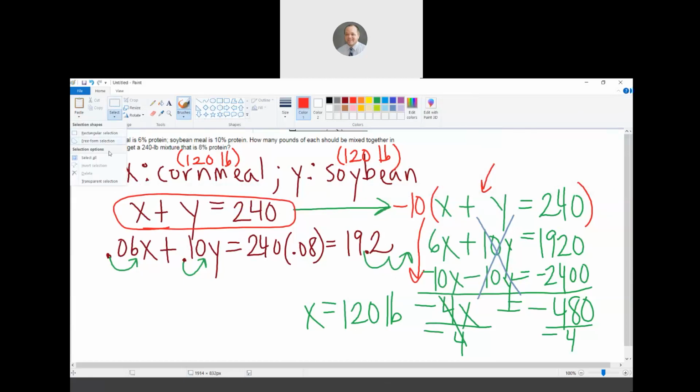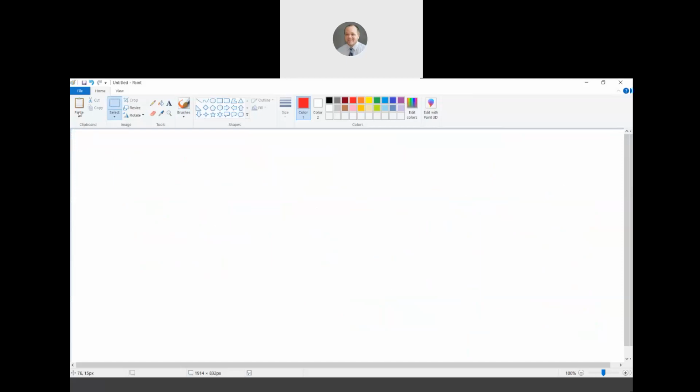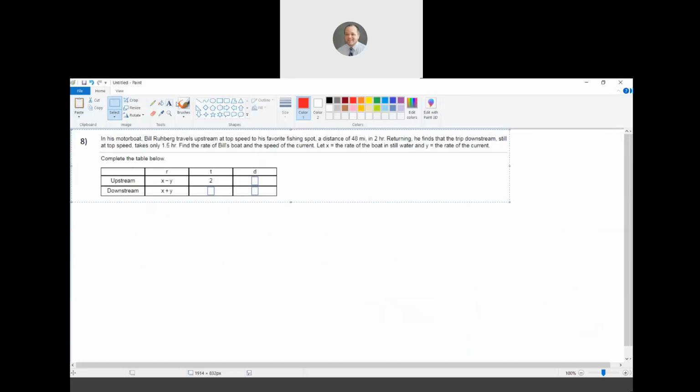So let's take a look at it. Okay, in his motorboat, Bill Rudberg travels upstream at top speed to his favorite fishing spot, a distance of 48 miles in 2 hours.